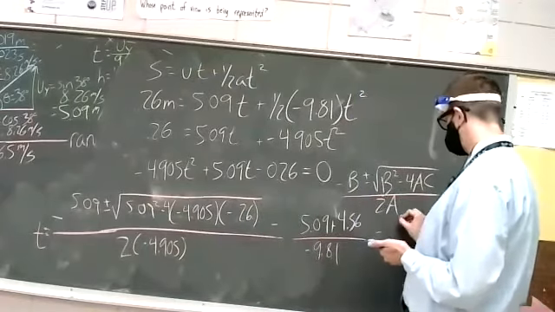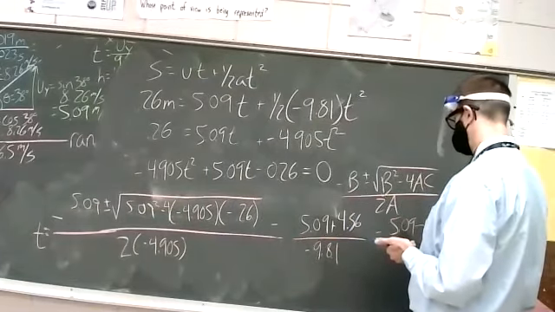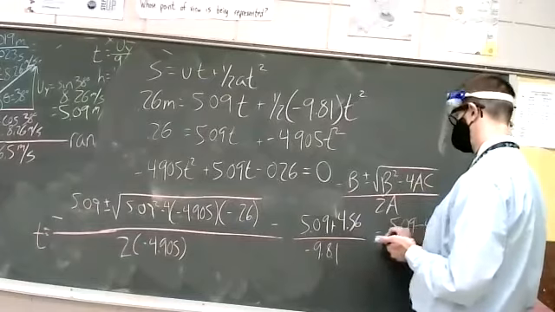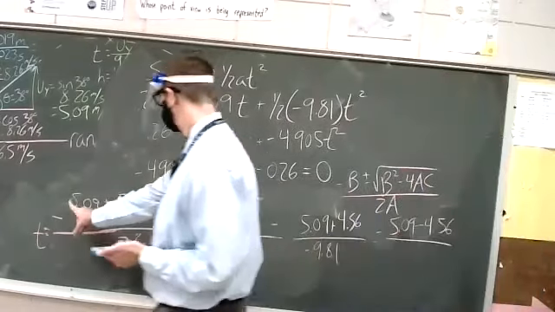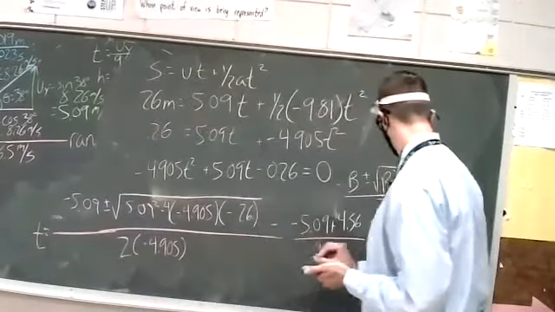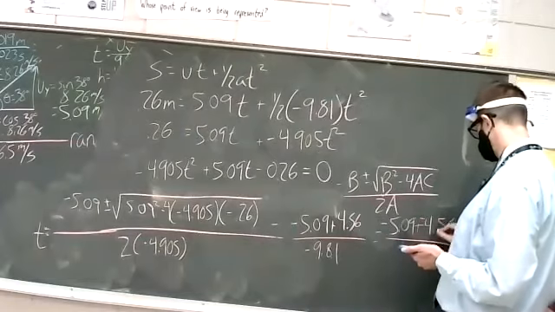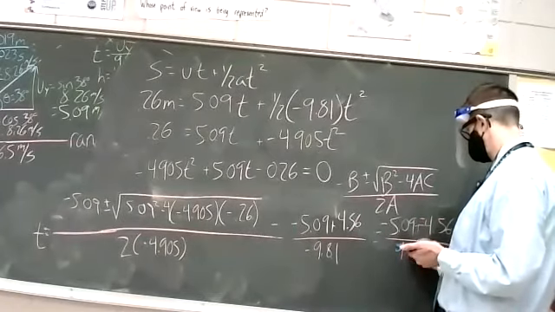And then over here you have 5.09 minus 4.56 over, that's negative b, right? Negative b. Negative 5.09 minus or plus 4.56 over 9.81.